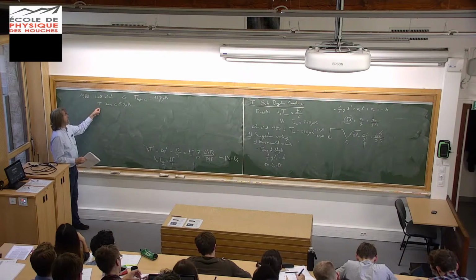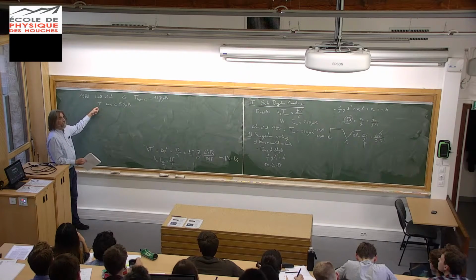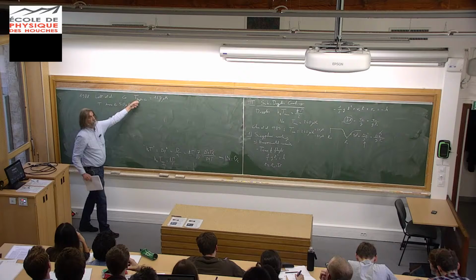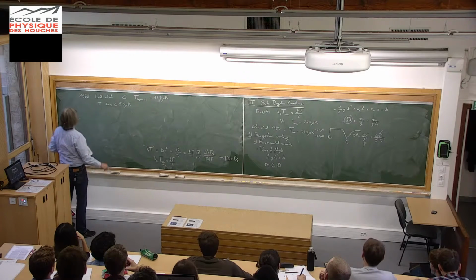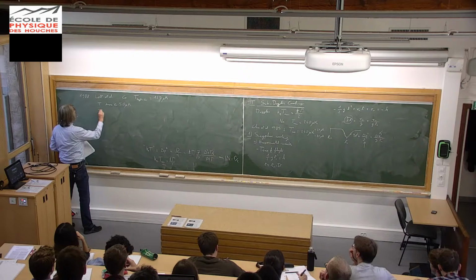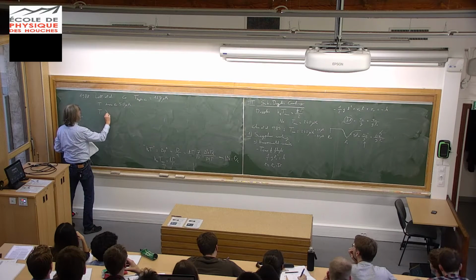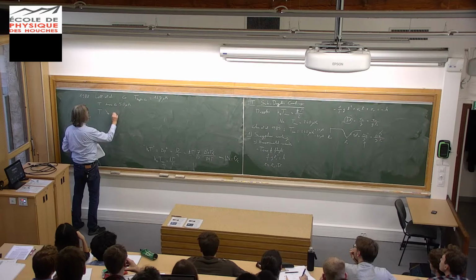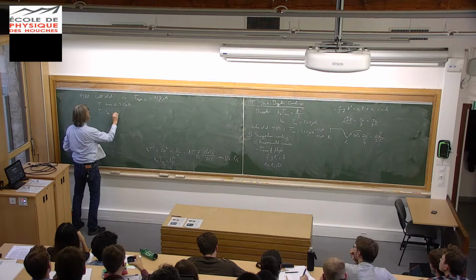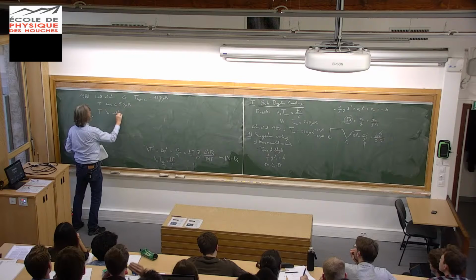So clearly they measure temperature lower than the Doppler limit. They also observe that the temperature has the tendency to go down when you increase the detuning.